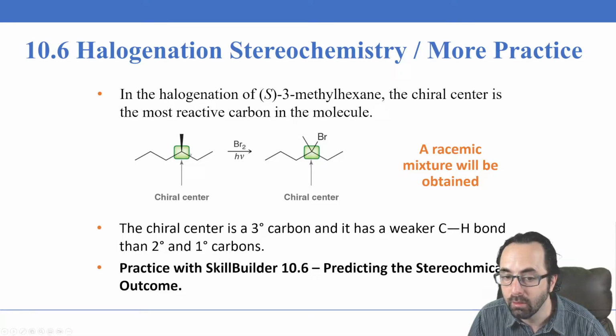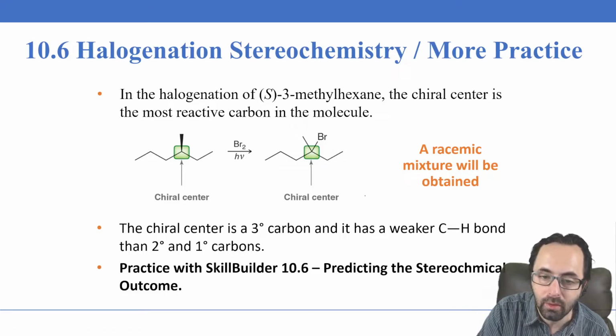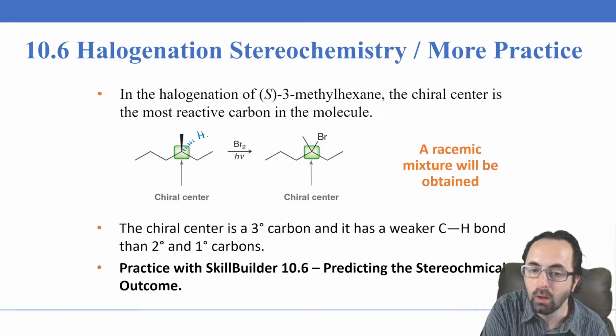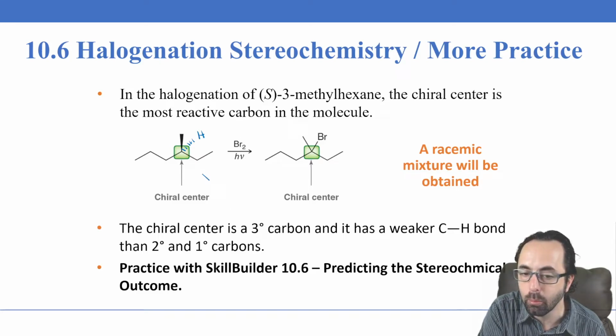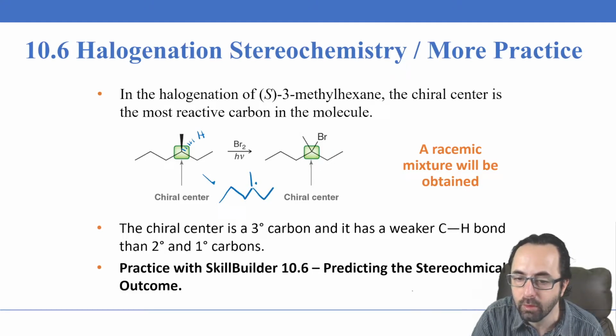And so even though the hydrogen was here, so if we draw the little dashes, the hydrogen was here, yes. But remember, the first step is the hydrogen abstraction. So when it's removed, we end up with the radical, this tertiary radical right here after the first step.